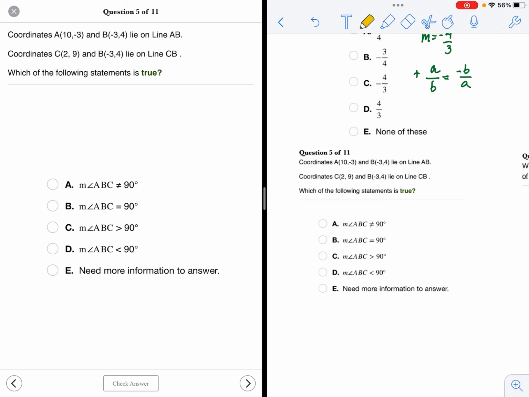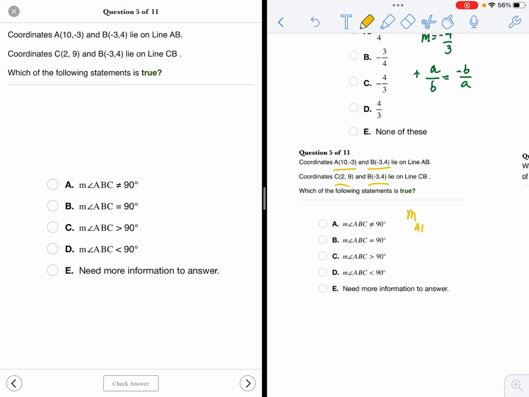So we got all these coordinates here. Which of the following statements are true? It's asking about angles, so let's start finding some measures, or some slopes.